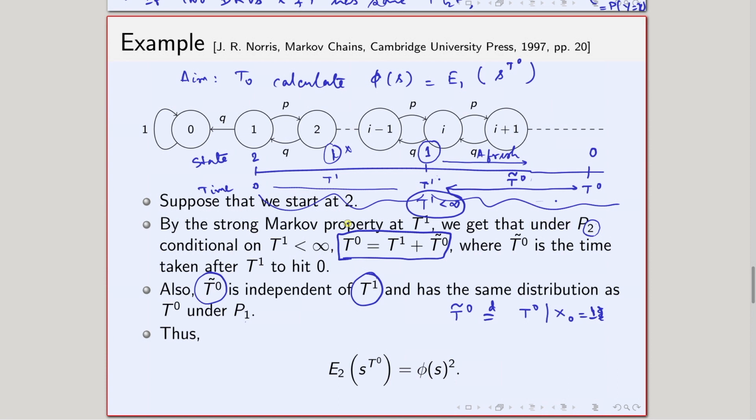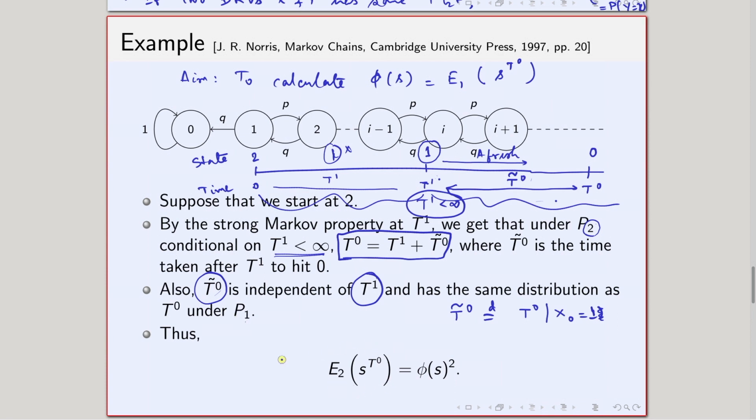So, I can use those two pieces of information here: one is that t0 tilde is independent of t1 under the condition that t1 is less than infinity, and the other is that the distribution of t0 tilde is the same as the distribution of t0 when I am starting from 1. Okay, these two things we are going to use.